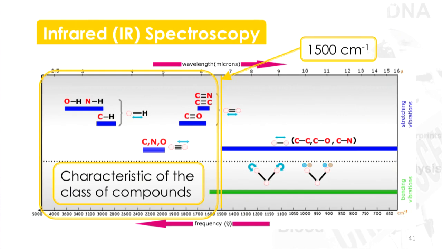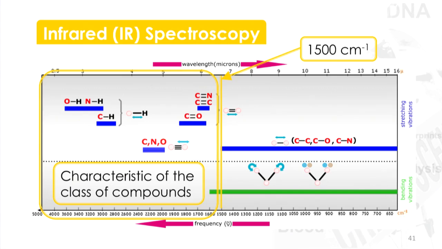It's not very helpful at telling you which specific compound in that class your sample is. So above 1,500 wave numbers, it's a very useful region for research chemists. But it's not a very useful region for forensic scientists, because forensic scientists want to individualize their compound down to one particular one.